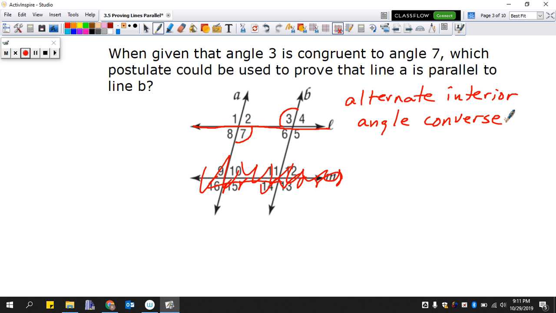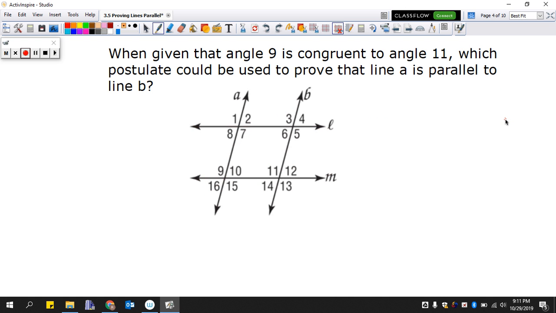Next one, given that angle 9 is congruent to angle 11, so 9 and 11 are congruent. Which postulate can be used to prove it? Once again, we're not looking at anything up here. We're just talking about this down here. And remember, 9 is an exterior, 11 is an interior.